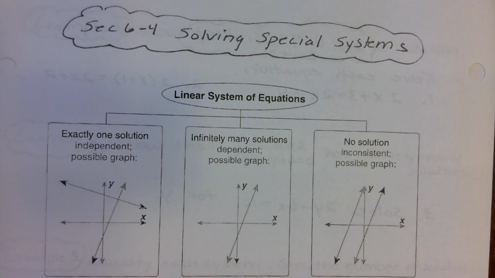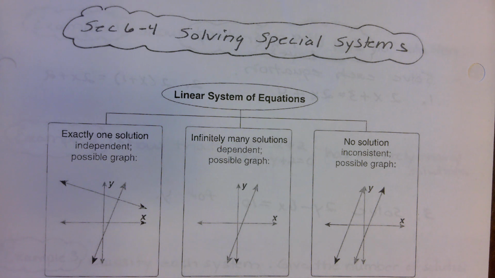So we have been talking a lot about systems of equations. We've been talking about when you have two linear equations, which are two lines, and how to find solutions for them. We talked about graphing them to see where they cross.